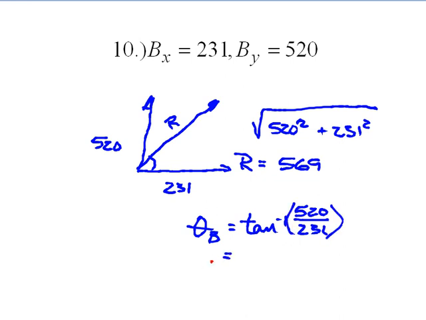And we should get theta B equal to 66.05 degrees. Now, both those numbers were positive, so it was in the first quadrant. So we don't need to worry about adding or subtracting from 180 or any of those items. We have one in the first quadrant.